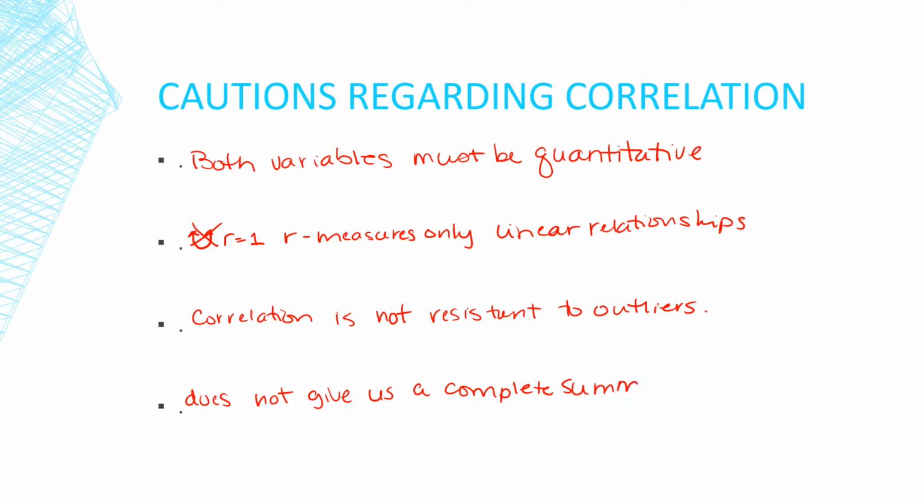It just shows us that there's a relationship between the two variables. It doesn't tell us that there's causation between the two because we don't know anything about lurking variables that might not be evident on the graph.